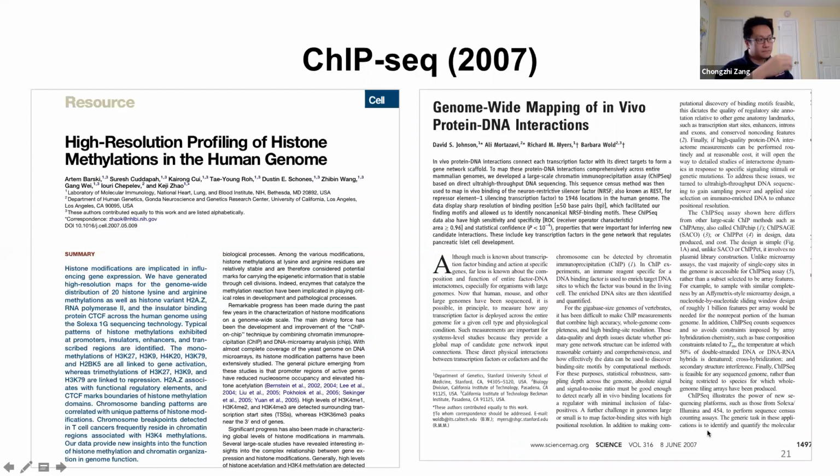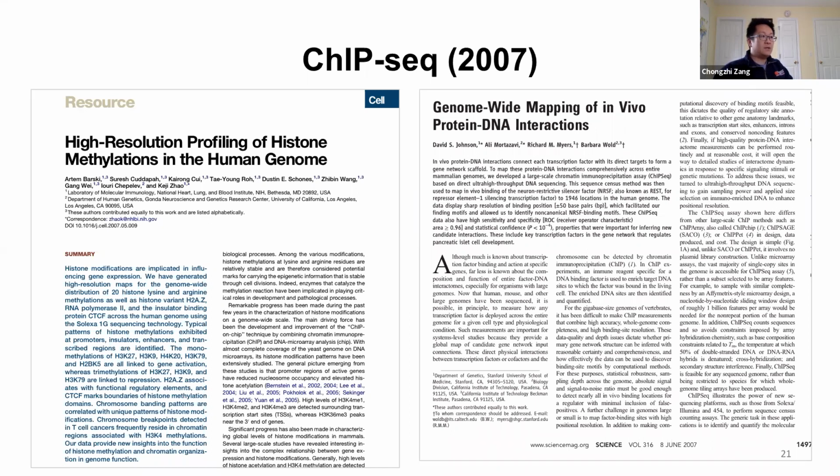They generated the first ChIP-seq data sets in the human genome. The Zhao group sequenced nearly 30 different histone modifications plus several transcription factors, whereas the Myers and Wold paper was more of a proof-of-principle experiment that generated just one ChIP-seq data set with one transcription factor.